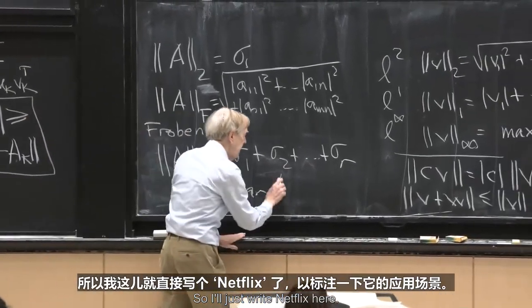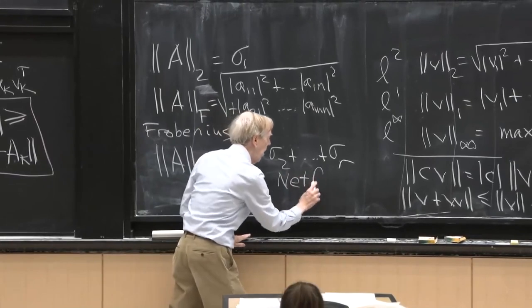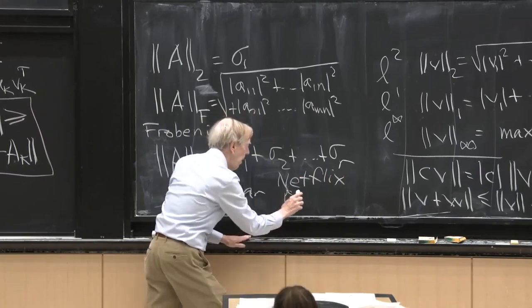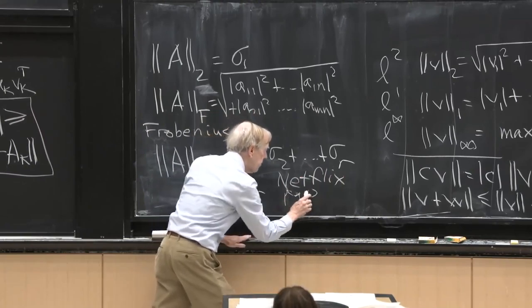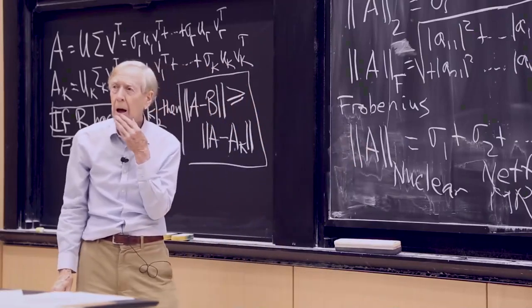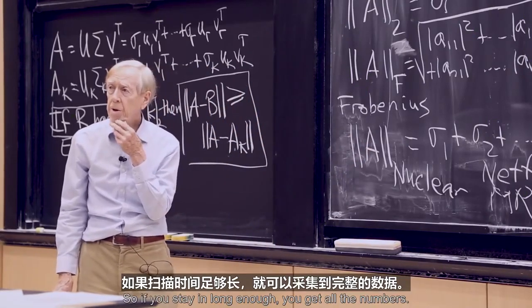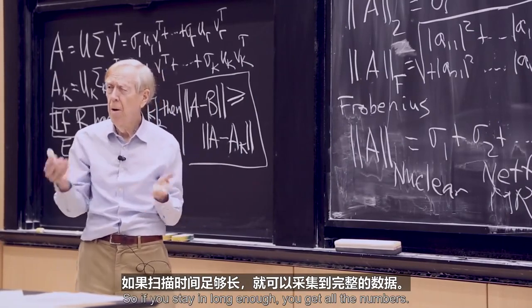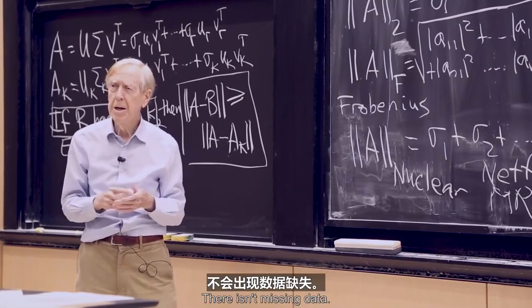So I'll just write Netflix here, and then MRIs. So what's the point about MRIs? If you stay in long enough, you get all the numbers. There isn't missing data.